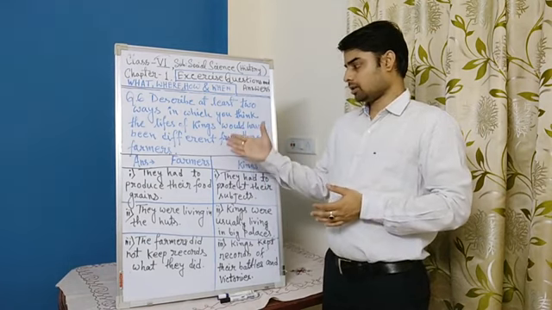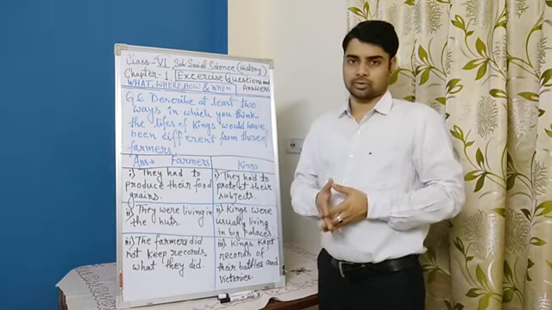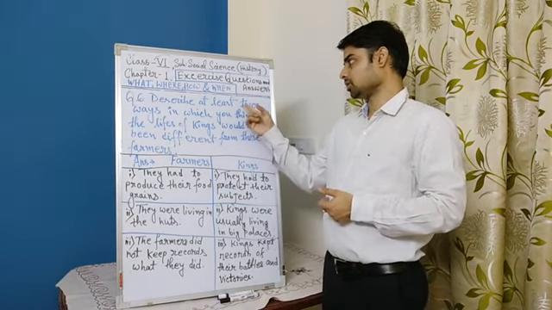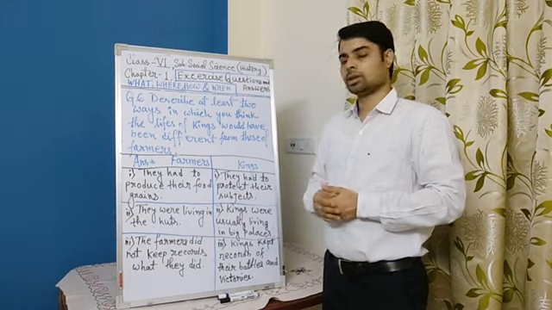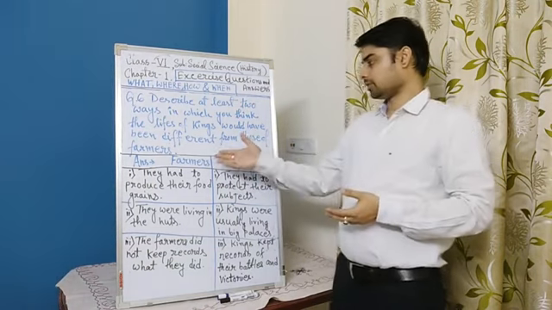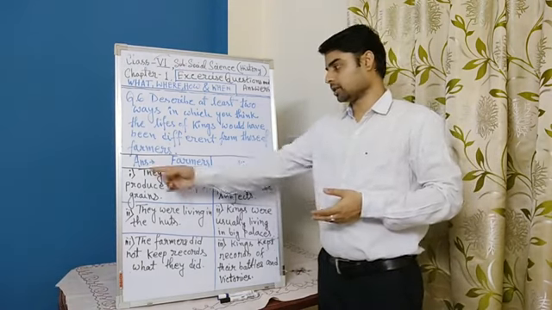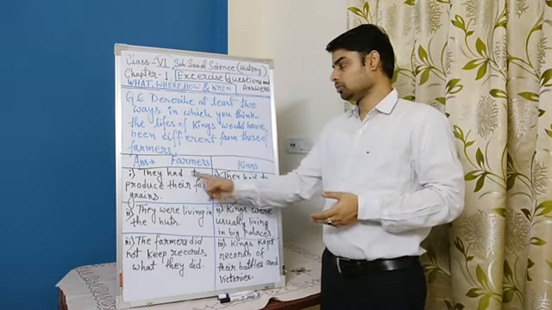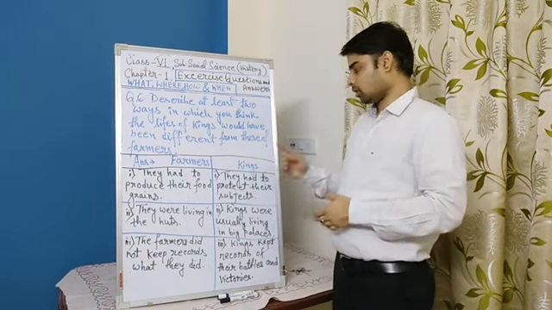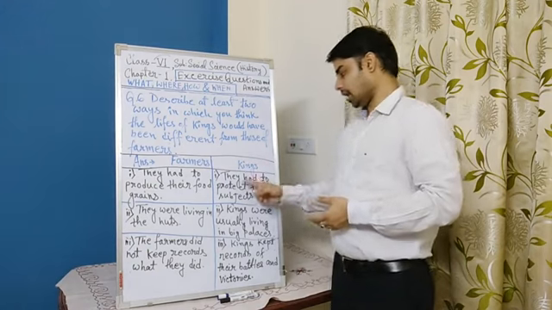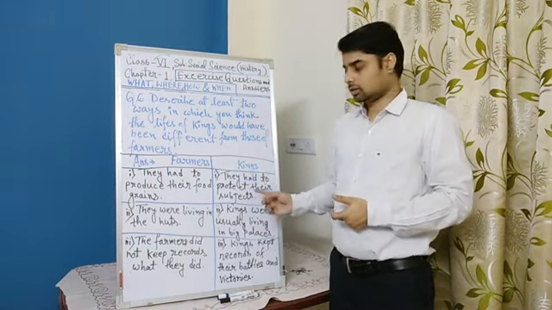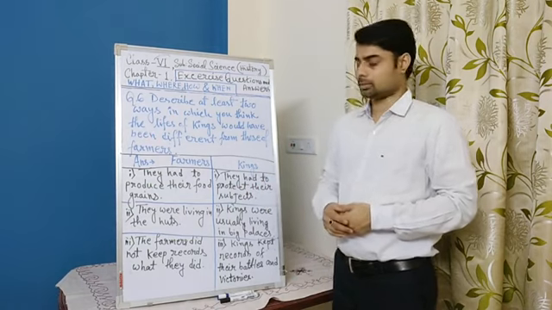I have also given 3 points in both the columns; they want 2 ways, but I have given 3 ways for your convenience. First, in the column of farmers, start writing point number 1: they had to produce their food grains. And in the column of kings: they had to protect their subjects. Subjects means their people who lived in their kingdoms.